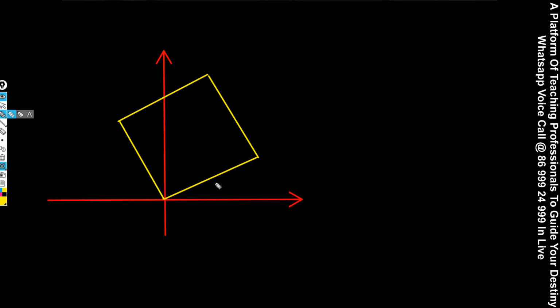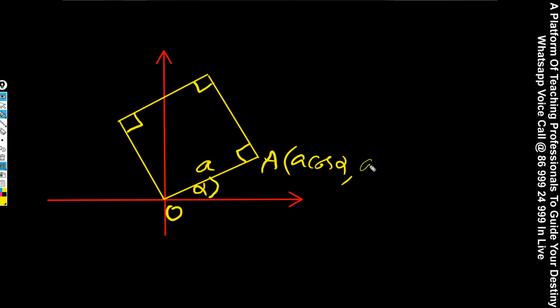According to the data, this angle is alpha and this side is A. And this is 90, as you know. This is also 90 because it's a square. This is also 90 because it's a square. Now, let me write the coordinates of A. Horizontal component A cos alpha, A sin alpha.